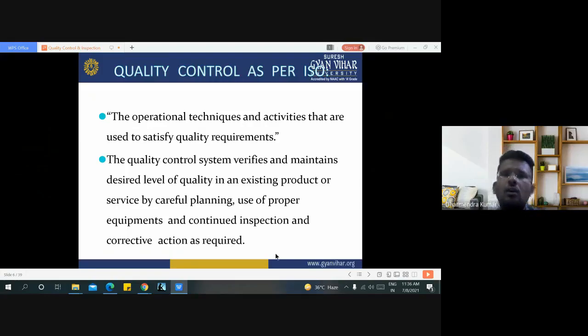Because overall, our aim is to make the product as per our desire and our requirements.